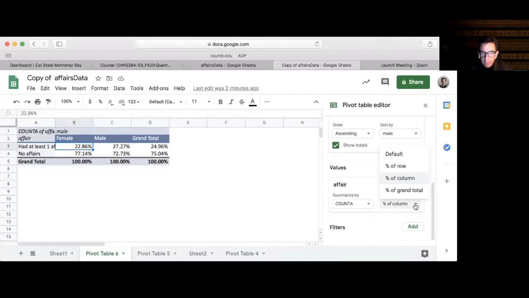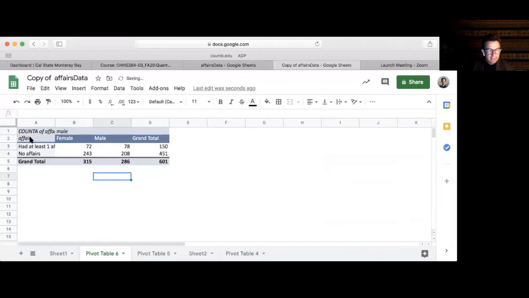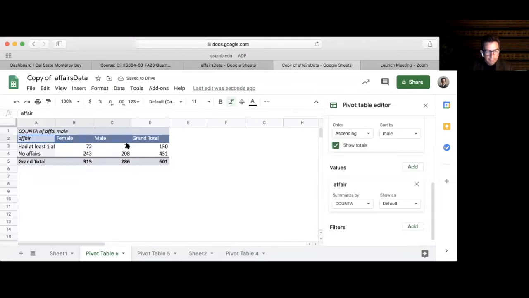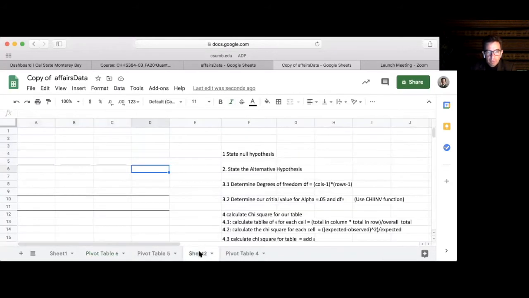And I'm going to start, we're going to need this table, the absolute frequencies. These are the observed values, and we're going to need them for our test. So what I'm going to do is just copy this table and take it to another sheet where I'm going to do this whole thing.